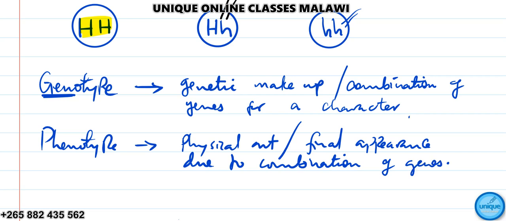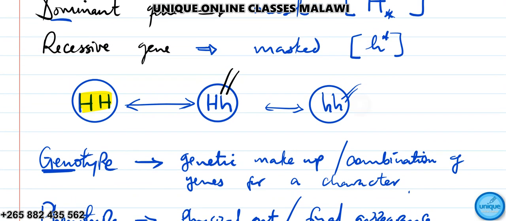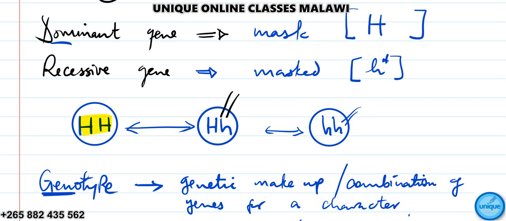So let's have these basics. Okay, I have taken two genes, capital H and small h. Then we can have several combinations, as I have made in these three boxes. So through these two genes we have 3 genotypes: type 1, type 2 and type 3.